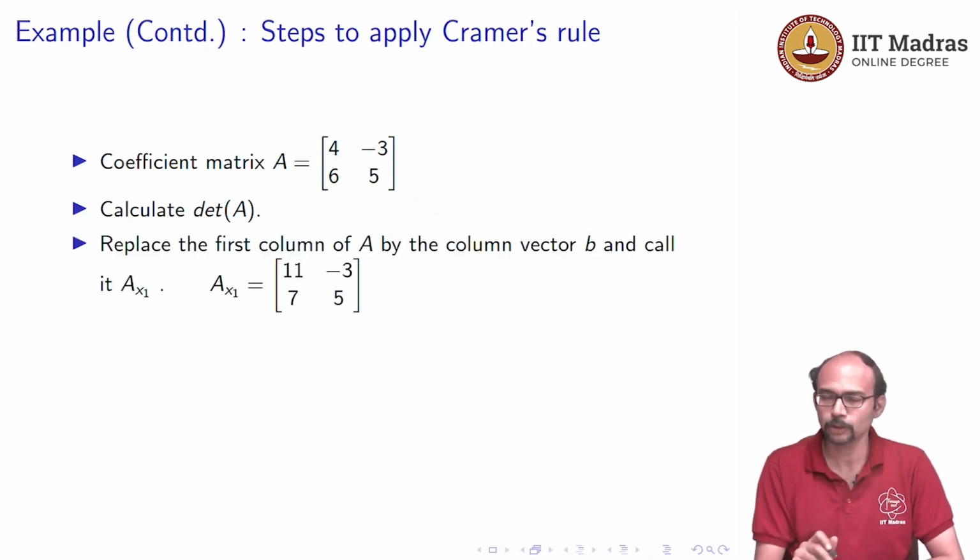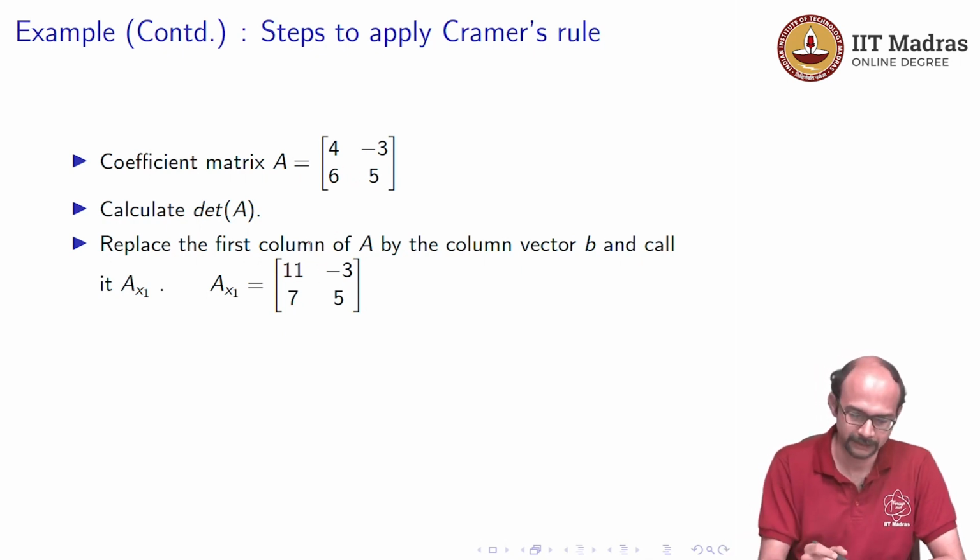So, replace the first column of A by the column vector B, and we will call that matrix A subscript x1, because the first column are the coefficients corresponding to x1 in the two equations. So, A subscript x1 is 11 minus 3, 7, 5. So, we have replaced the 4, 6 over here by 11, 7.